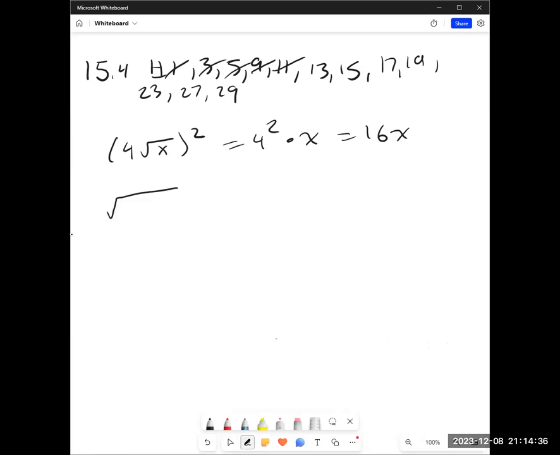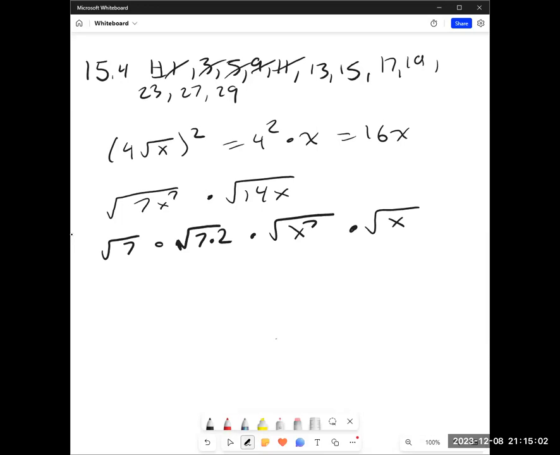We have the square root of 7x to the 7th times the square root of 14x. This is going to be the square root of 7 times the square root of 7 times 2, times the square root of x to the 7th times the square root of x.